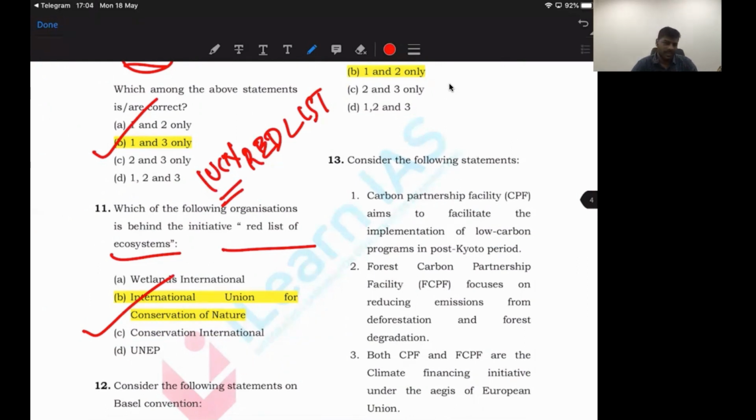That is the IUCN Green List, and this is the IUCN Red List, a list of ecosystems which are in danger, threatened with extinction. So for the 11th one, B is the answer. The Red List of Ecosystems is published by IUCN, the same IUCN which publishes the Red List of Species.